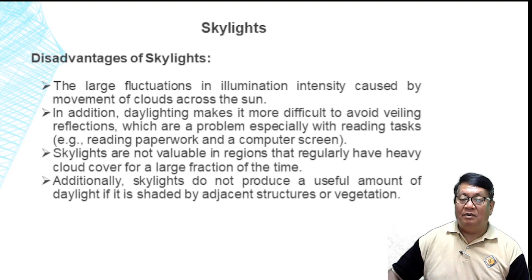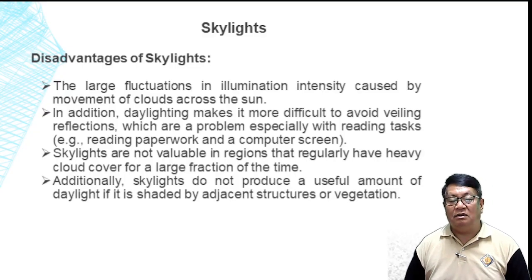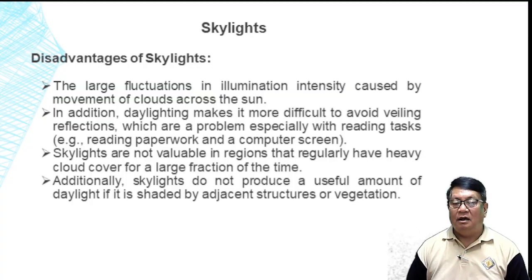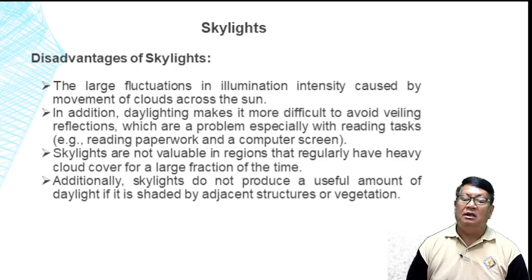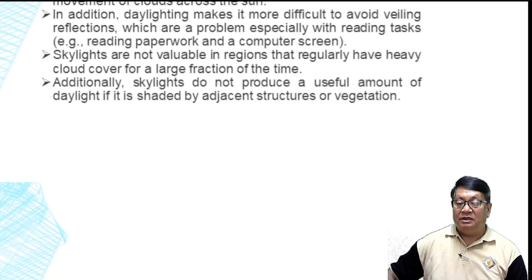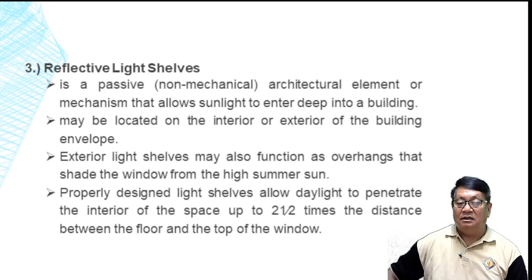But of course, we also have these disadvantages of skylights. No? Large fluctuations in illumination intensity caused by movement of clouds across the sun. Okay, so that is very important, skylighting.